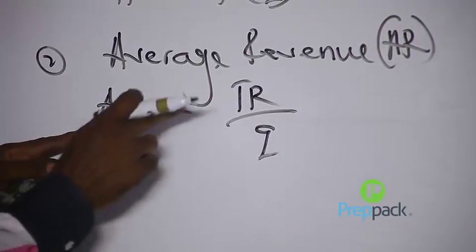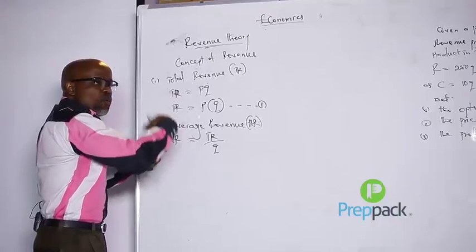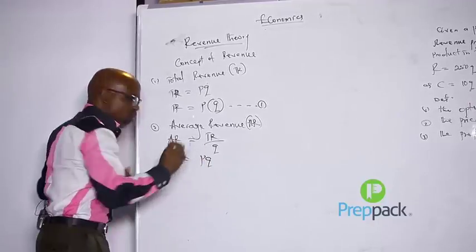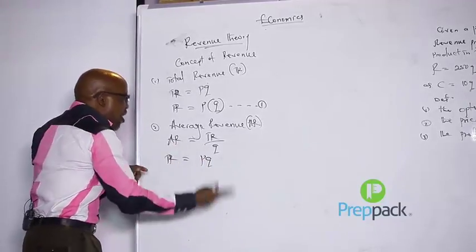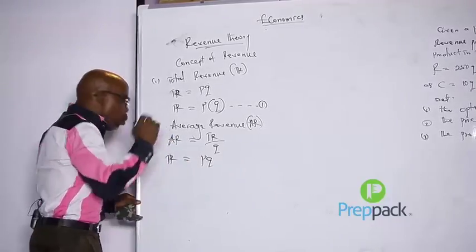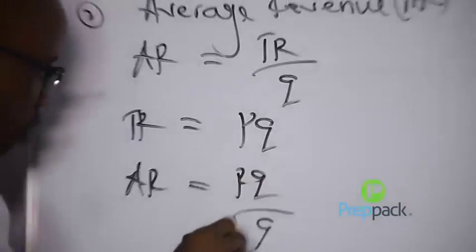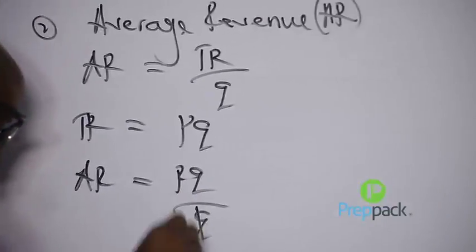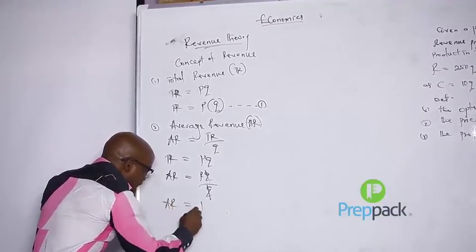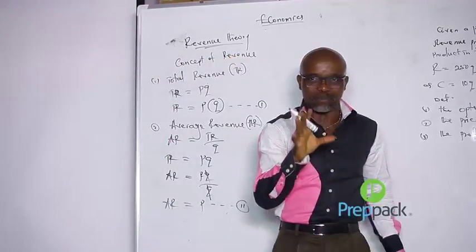My AR is defined as TR over Q. But from equation 1, I have defined my TR as PQ. Therefore, I substitute my TR with PQ, which gives me AR equals PQ over Q. Now, cancel Q, I'm left with P. So it means my AR equals P. Call this equation 2. I don't know whether you get what I'm trying to explain there.